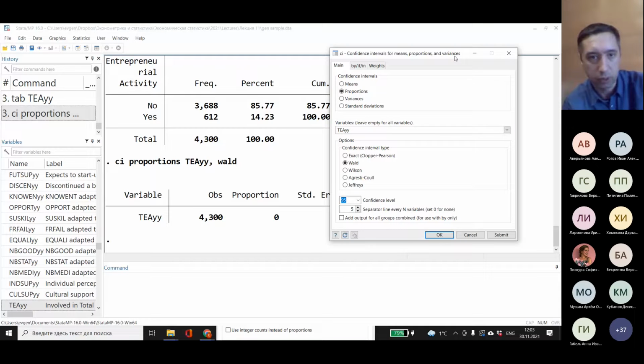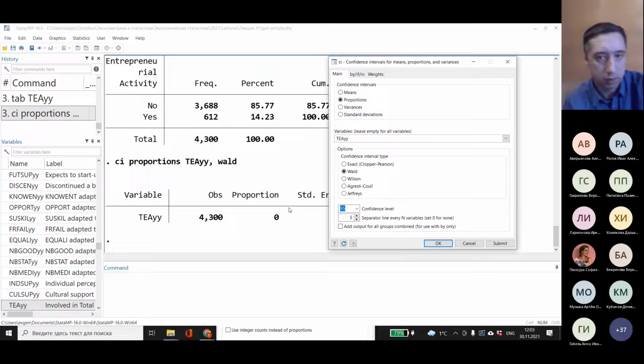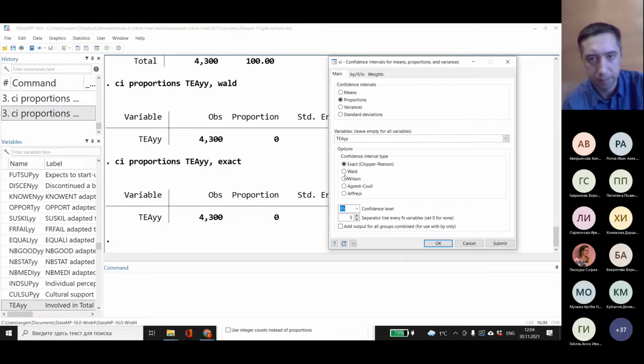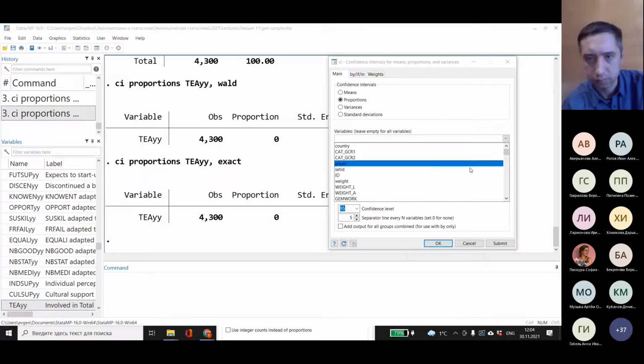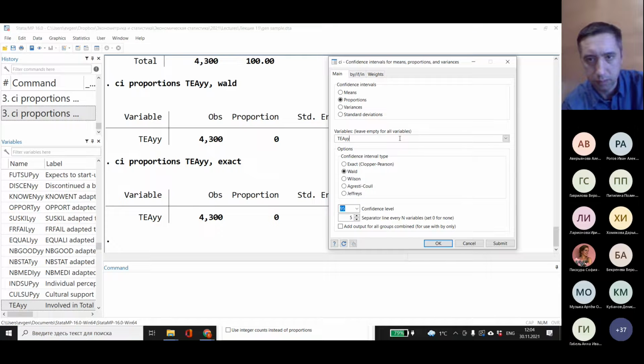Wait. Here, YY proportions. Something went wrong. Must work.